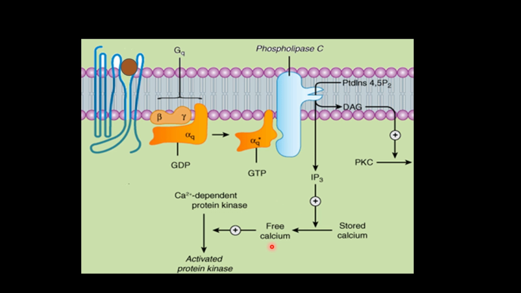Now here a question arises: what is another important point to discuss? What is the important location of the alpha 1 receptors? Alpha 1 receptors are present on the smooth muscles of the blood vessels.